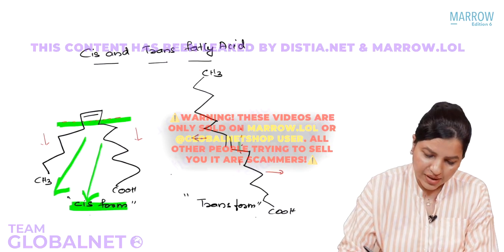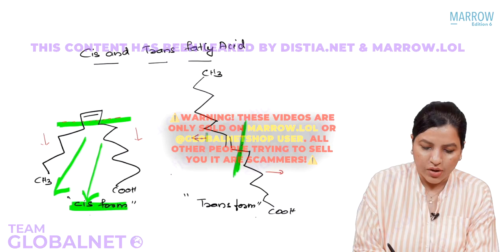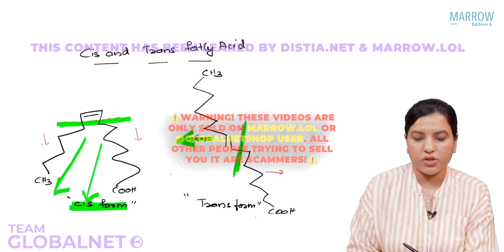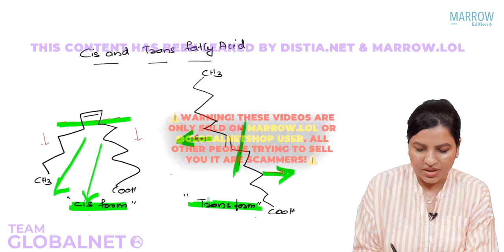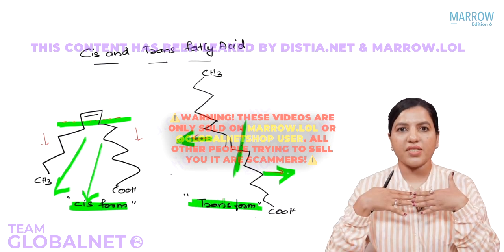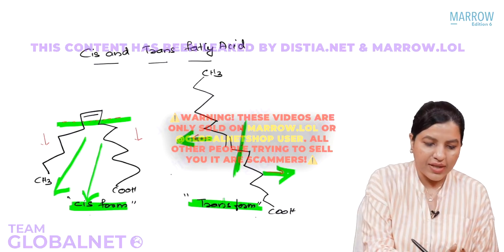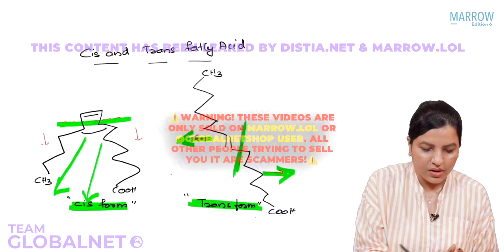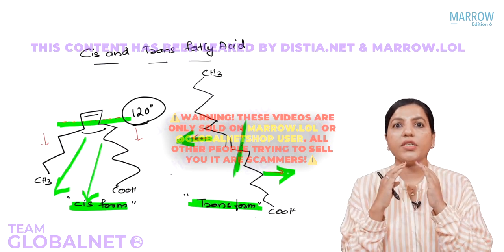Whereas in this case, if you draw a line parallel to the double bond, you can see one hydrocarbon chain is in this direction and the other is in the opposite direction, which means it is trans form. So trans is more or less an extended form, whereas cis form has a bend, and that bend is 120 degrees.